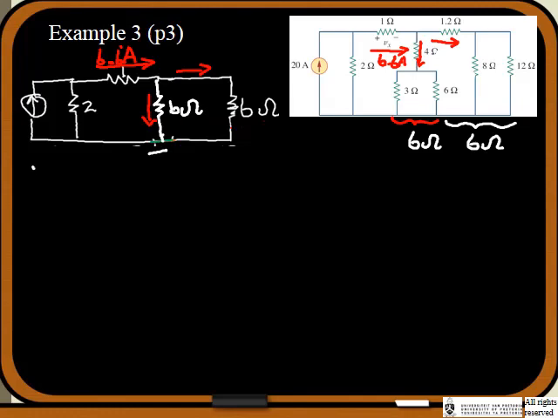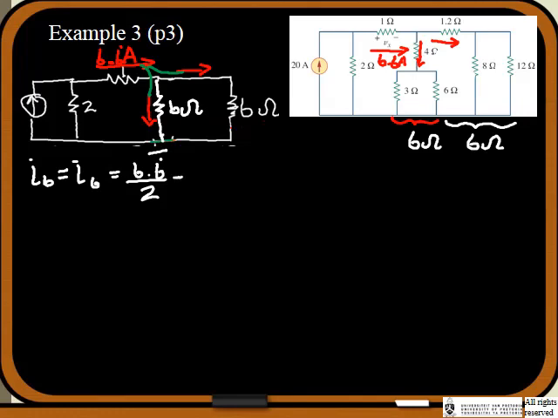In this case, we know that I6 is going to be 6.6 divided by 2. Why divide by 2? Because the 6.6 amps is going to divide itself into two currents, half-half, because the resistance is half-half.